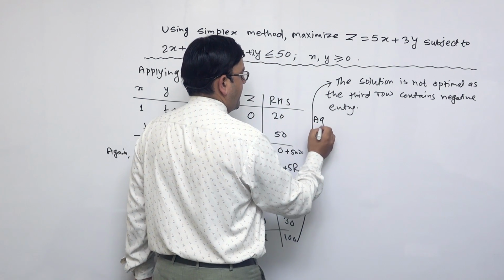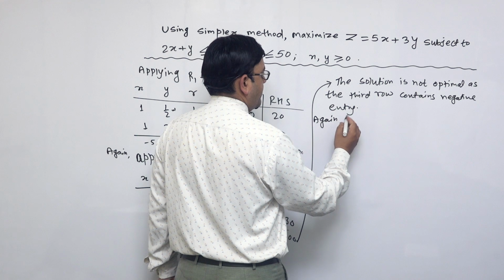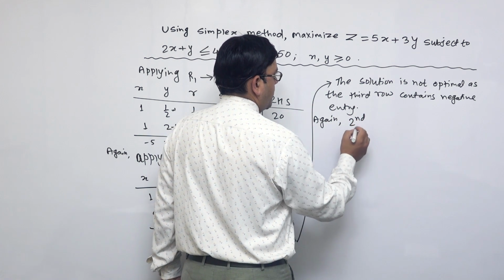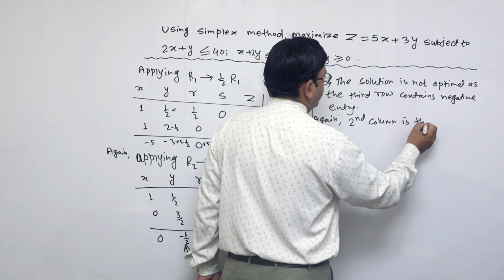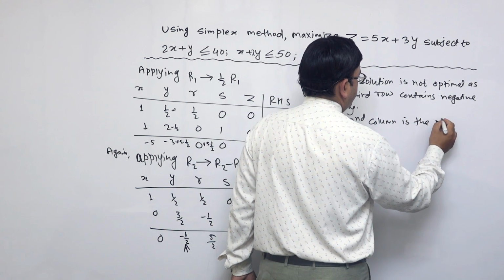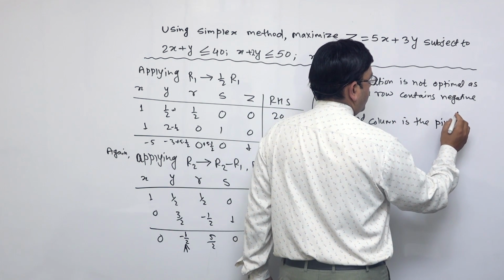Again, the second column is the pivot column.